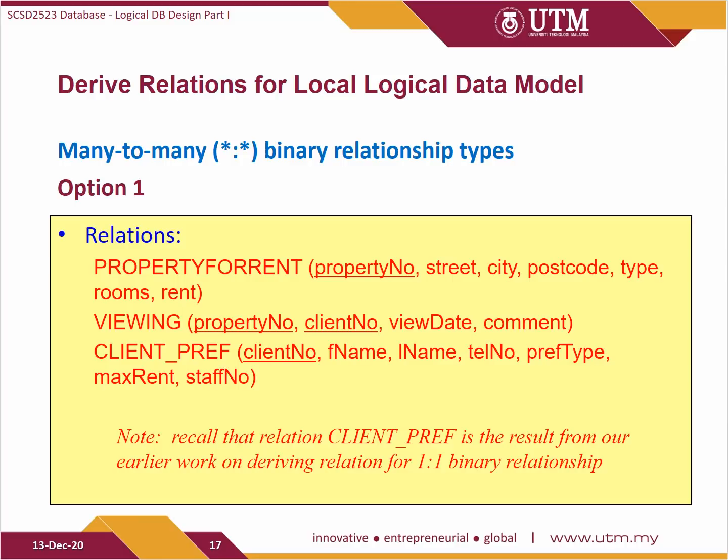For your information, the client brief relation is actually the result of our earlier work on deriving relations for the one-to-one binary relationship, as shown in slide 10. And as you can see here, for the viewing relation, we copy the primary key attributes of the parent entities of the viewing entity into the viewing relation.